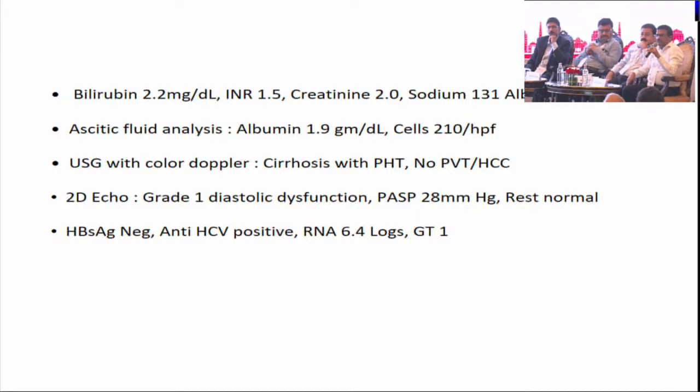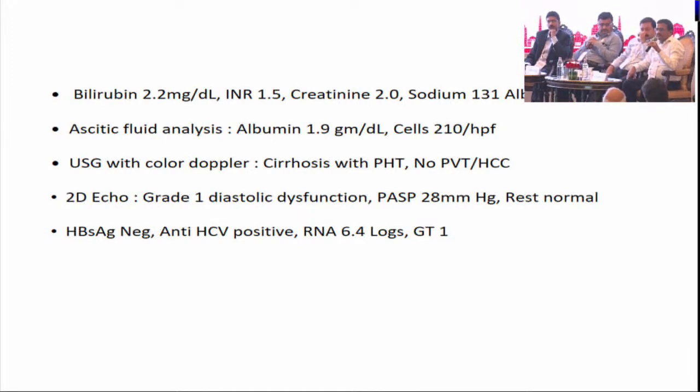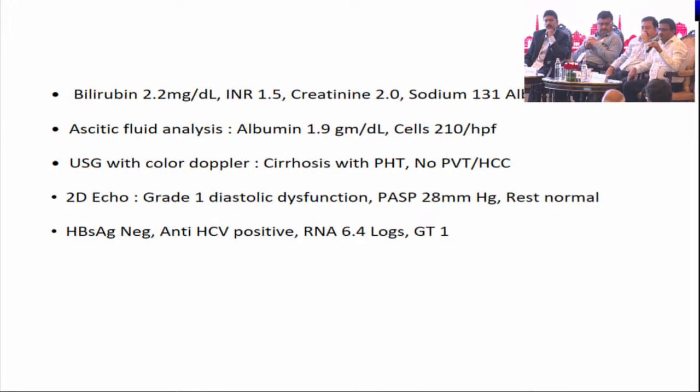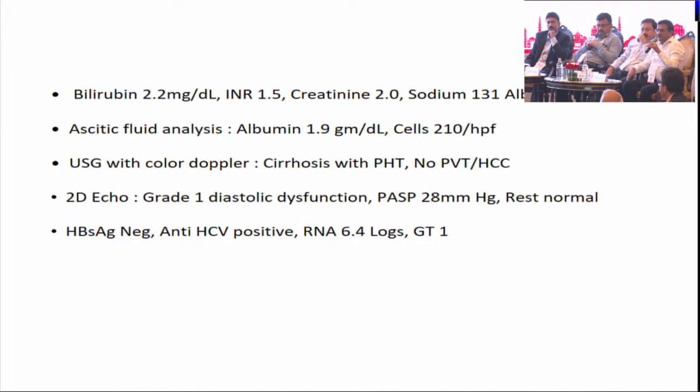So this patient is having high creatinine, so we have to stop diuretics, number one. Sodium is 131. And number two, we have to start him on albumin infusion because creatinine is high and bilirubin is also high and INR is also high.